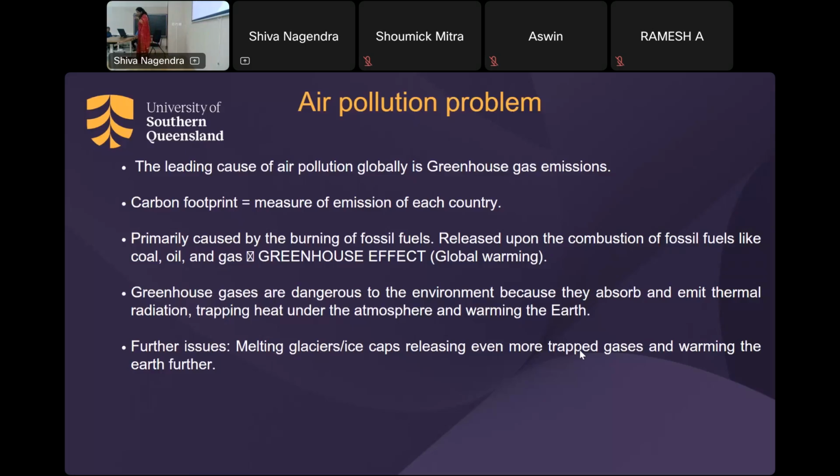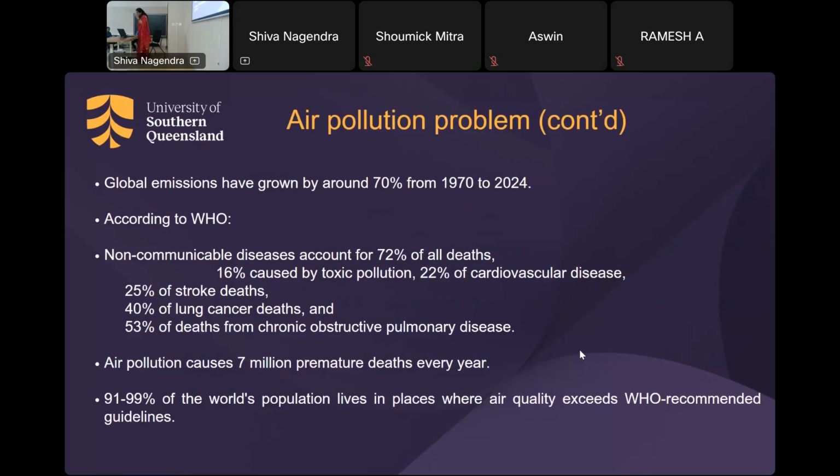abating. So, according to the Intergovernmental Panel on Climate Change (IPCC), the concentration of carbon dioxide, methane, nitrous oxide, and other trace gases has risen sharply after the mid-20th century.